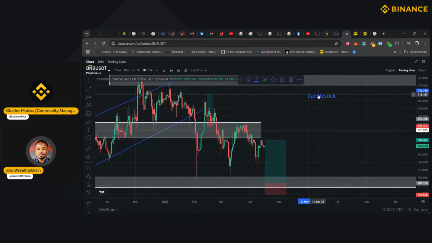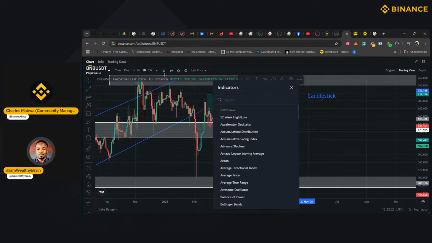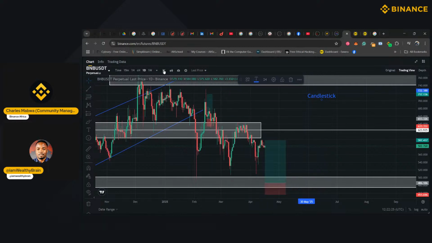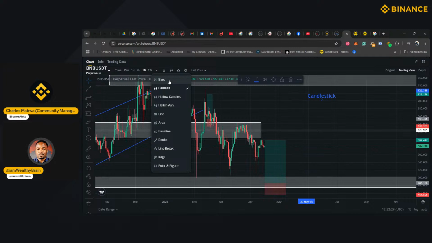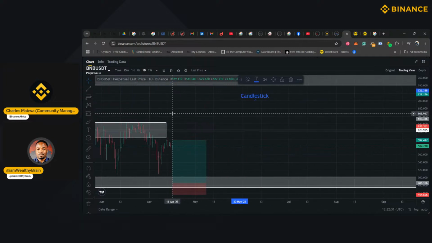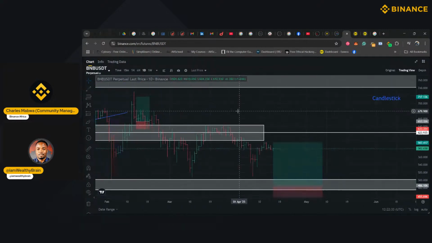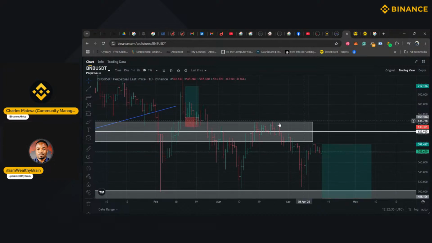Now, what is candlestick? We have different ways of seeing the chart, interpreting the chart. We have the candles, depending on the platform you're using. Over here, we have the candles, we have the bar. If you want to look at the chart in a bar chart form, it will look something this way.